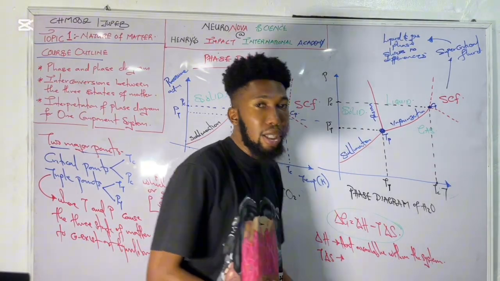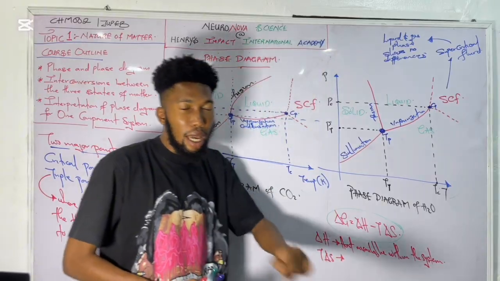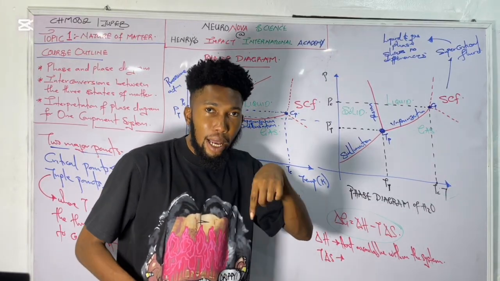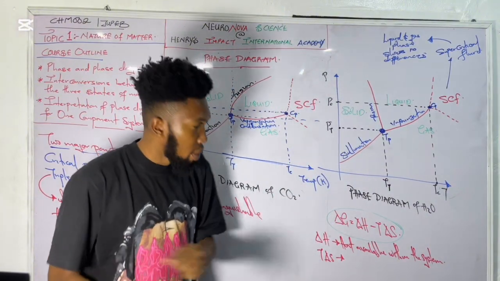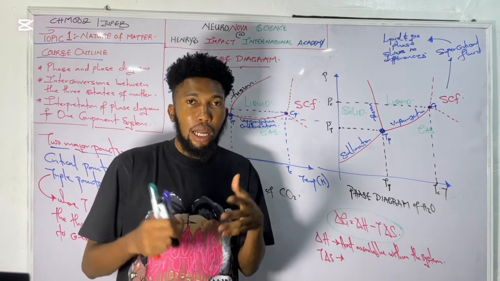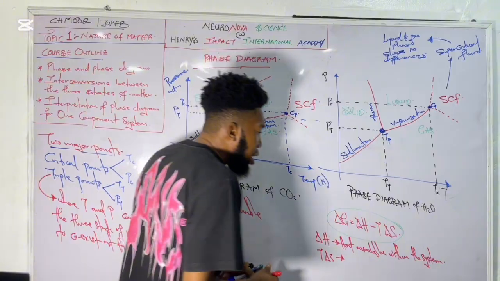This T change in S is called unavailable heat energy. Why? That's the heat energy that is due to randomization. Remember that S stands for what? Entropy, disorderliness, right?